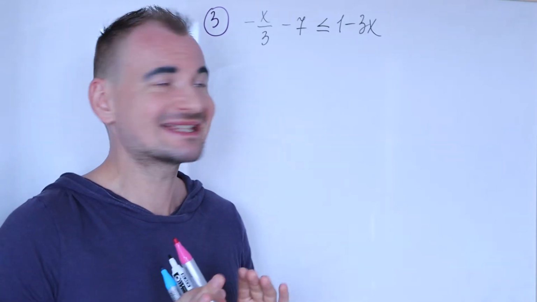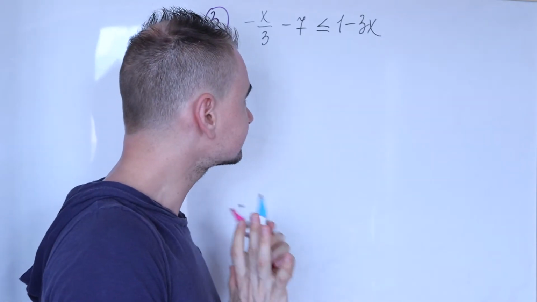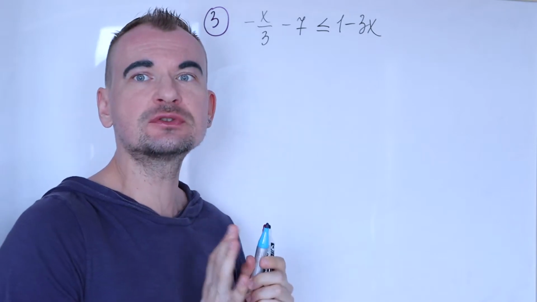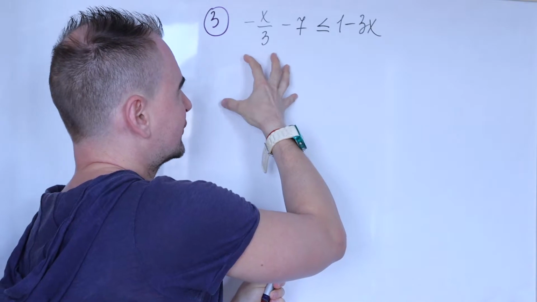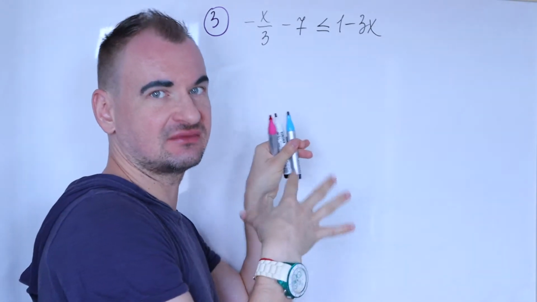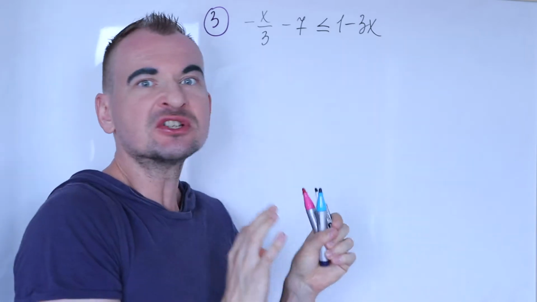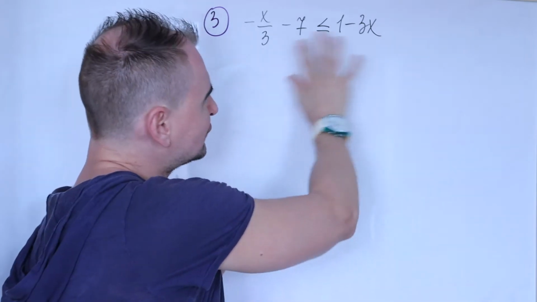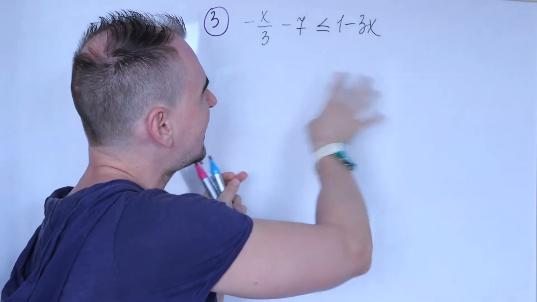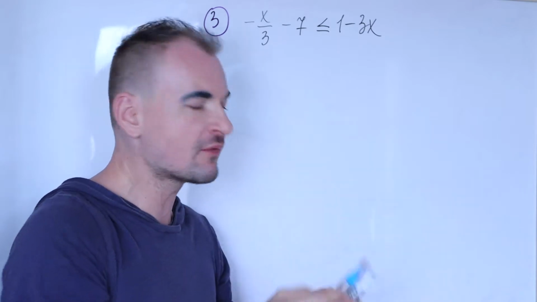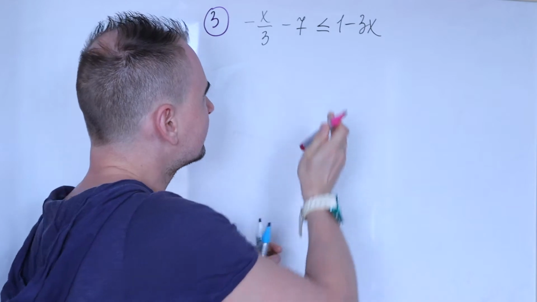Alright, the last one. Let's handle this. The same idea. First of all, you want to collect your x terms on the left side, let's say, and your constants on the right side. In this case, your terms are scattered around. You have x's on both sides, numbers also on both sides. Just collect them together.